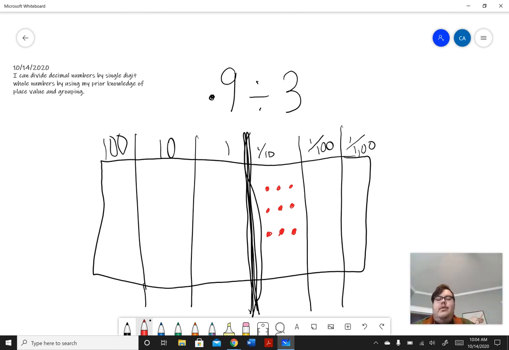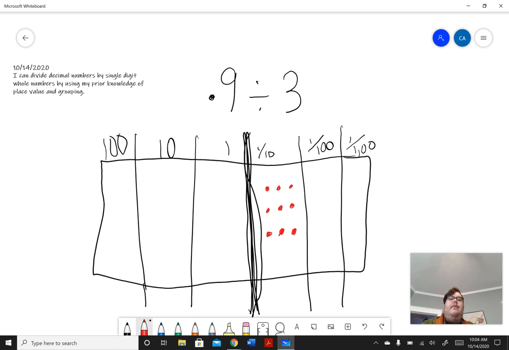So what we need to do is look for patterns. What this expression is telling us is to look at 9/10 and break it into 3 groups. So let's divide it into 3 groups.